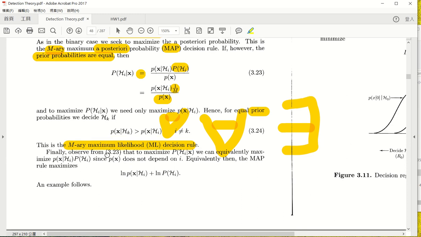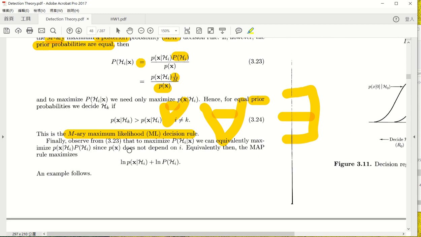Finally, we will observe from 3.23 that to maximize P of Hi conditional on x, we can equivalently maximize this thing since P of x does not depend on i. If you're deciding something over i and there's one thing, P of x, see my cursor, P of x that is not dependent on i, then it's just a constant and we can eliminate it.